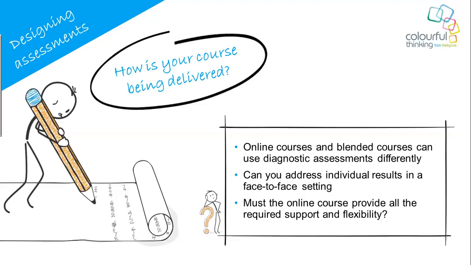It may be that perhaps you can't do it initially, but even if you've got an online-only course, you can look at the results after the course has been completed and see what people knew when they started, and then build that into their personal development plan with individual one-to-one meetings. So there is some flexibility there, but you do need to consider, is this addressed within the course, or do I have another opportunity later?